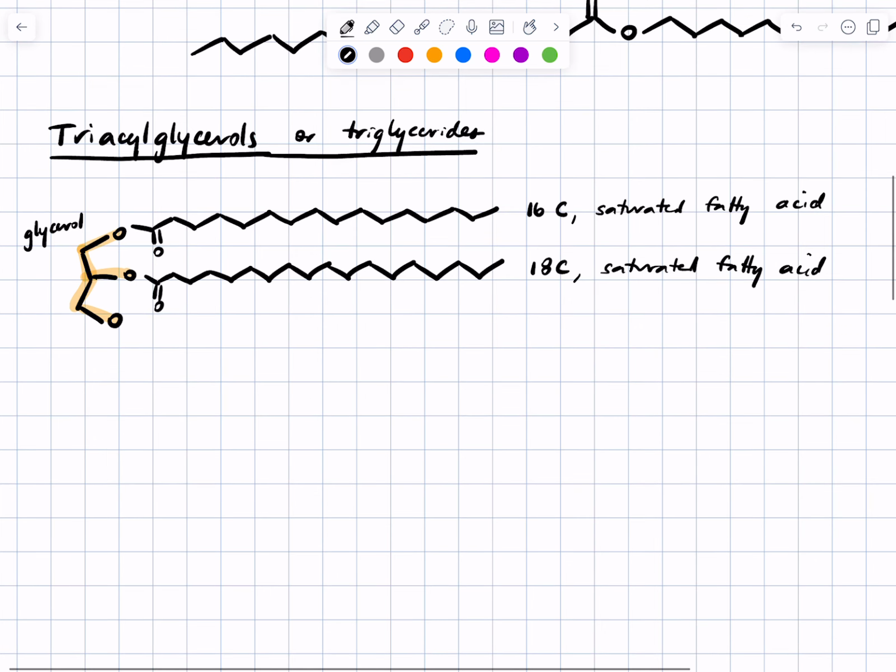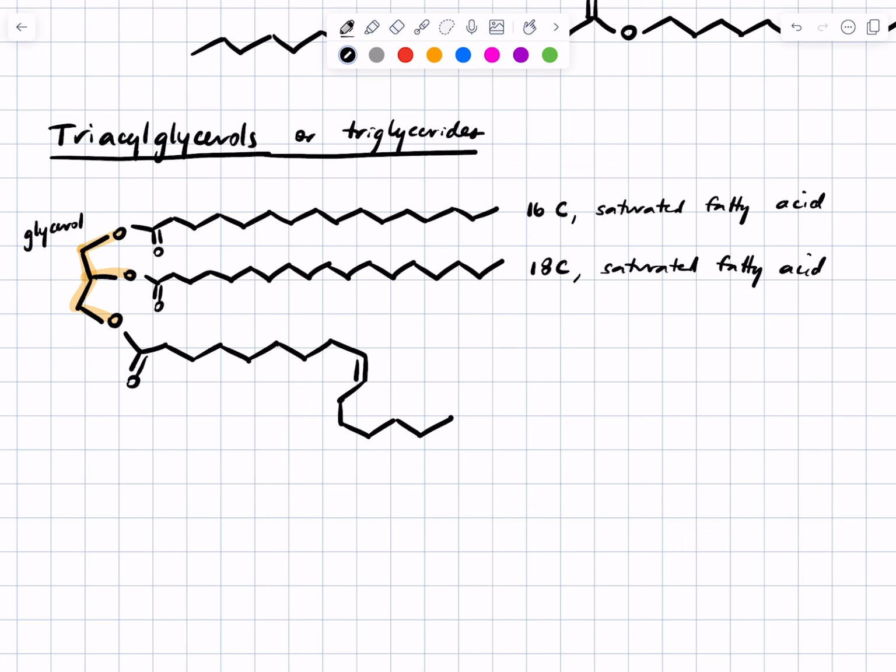But sometimes the fatty acid portion of the molecule has a double bond in the carbon chain, and that double bond in natural fatty acids is always cis. So 1, 2, 3, 4, 5, 6, 7, 8, 9. Then a cis double bond, 9, 10, 11, 12, 13, 14, 15, 16.